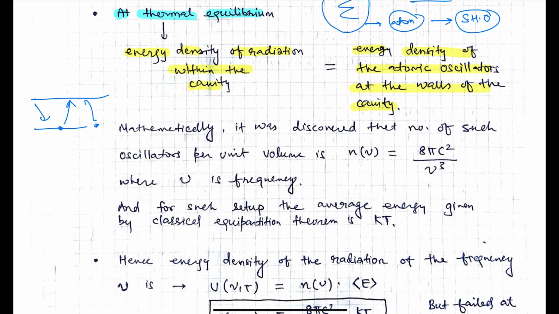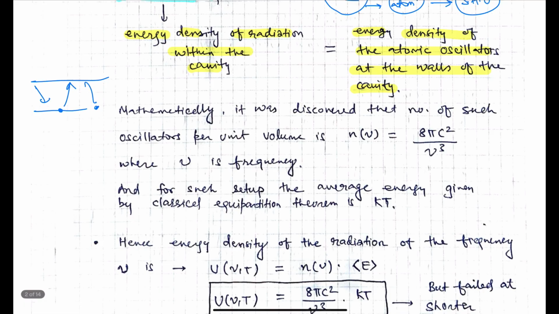Now let's move to the mathematical formulation. Mathematically, the number of such oscillators in a unit volume is a function of the frequency of the radiation, and it is equal to 8 pi nu square upon c cube.